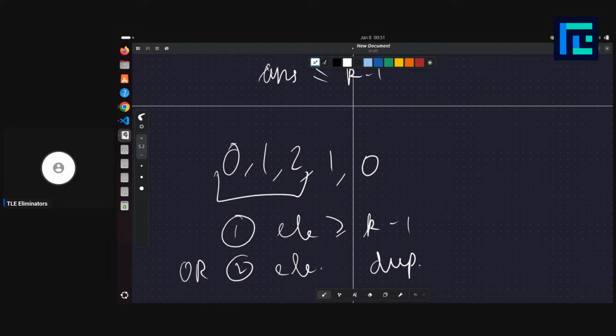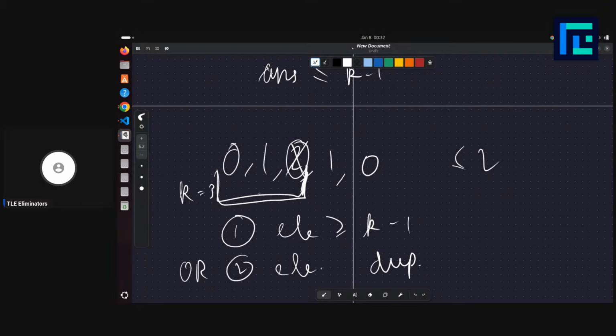Like here in this subarray, if you see, the k is equal to 3, right? So you are getting an element which is greater than equal to 3, right? So you can delete that because you know that your final answer is definitely less than equal to 2. So having a 3 would not benefit you in any way.